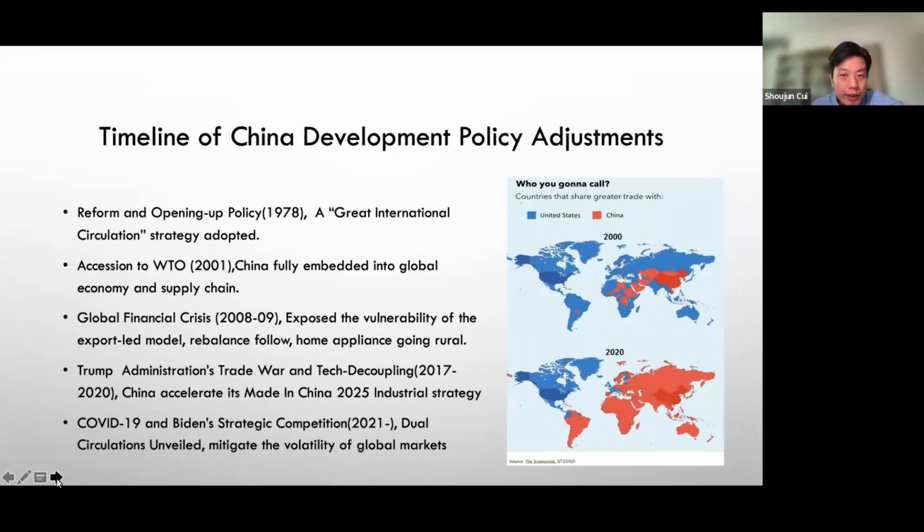The timeline of China's development policy adjustment: you can see that in 1978, China put forward the reform and opening up policy. That is by Chinese leader Deng Xiaoping, right? After that, a great international strategy was adopted. That means China will import a lot of raw materials and parts.